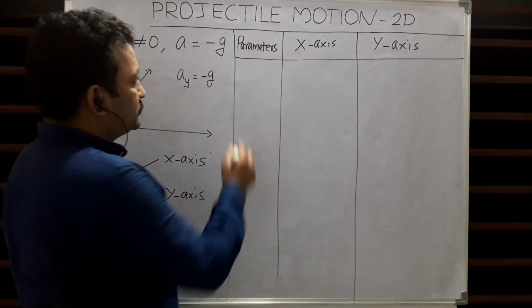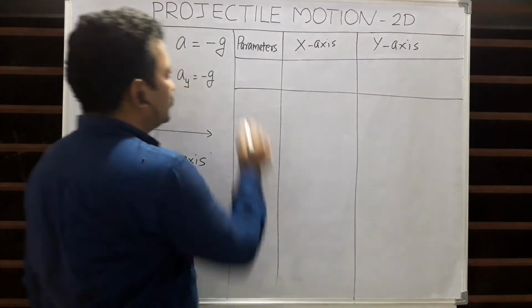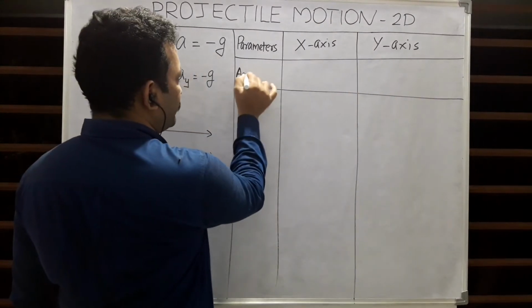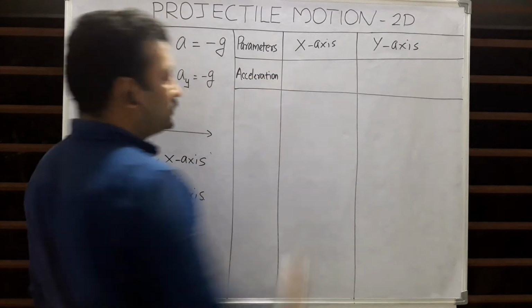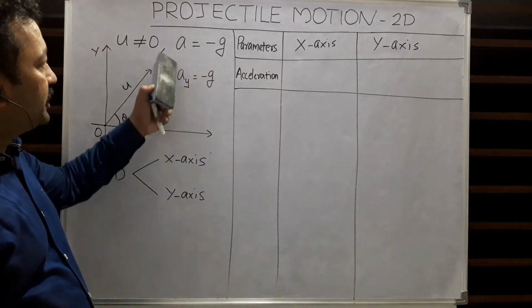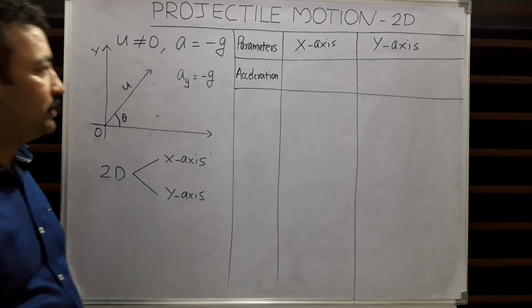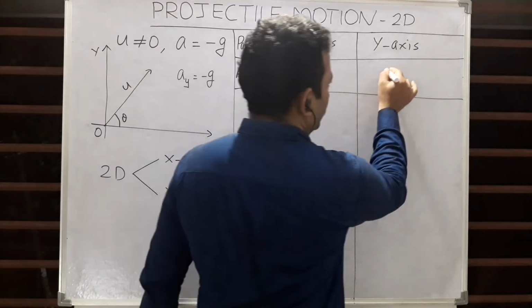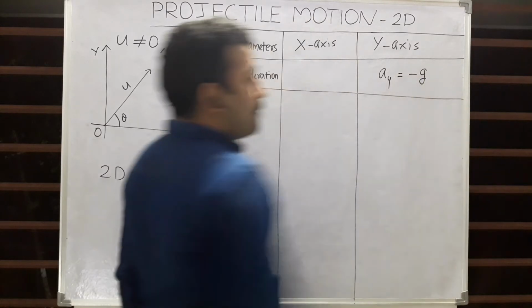The first parameter we know about the motion is the acceleration itself. I have already given you ay is equal to minus g. So the y-axis component of the acceleration is ay is minus g.